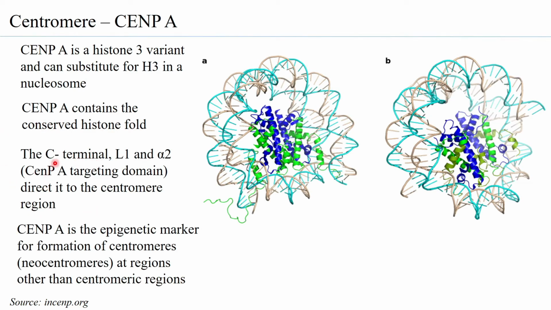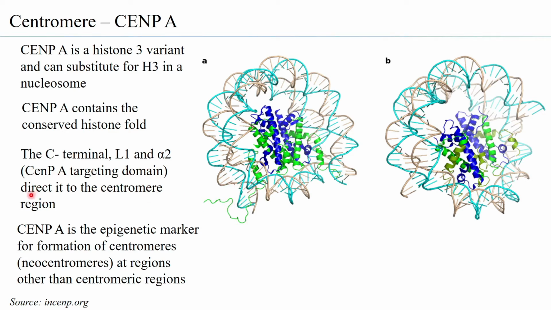Now, the C terminal of the CENP-A, the L1 and the alpha 2, these three together form what is called the CENP-A targeting domain, that is the CATD. CATD is present in the CENP-A. And the CATD is a region or a domain that can bind to many other centromeric proteins.